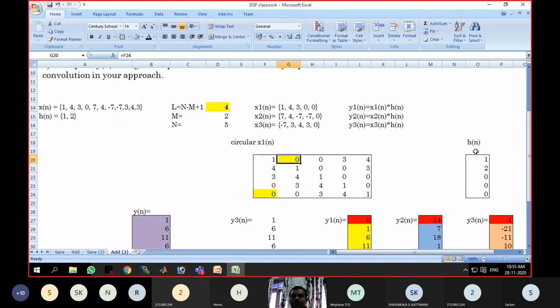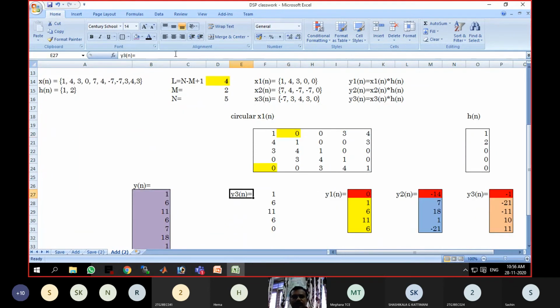And we have kept h of n, that is 1, 2, as a 5 element matrix, that is 1, 2, 0, 0, 0.